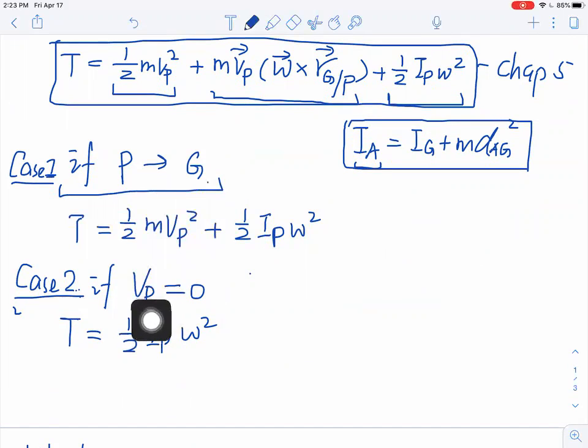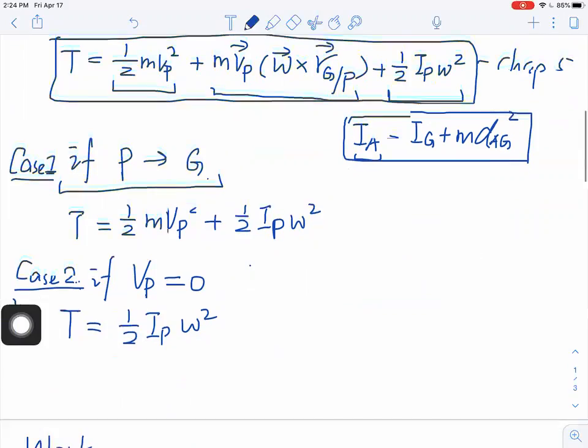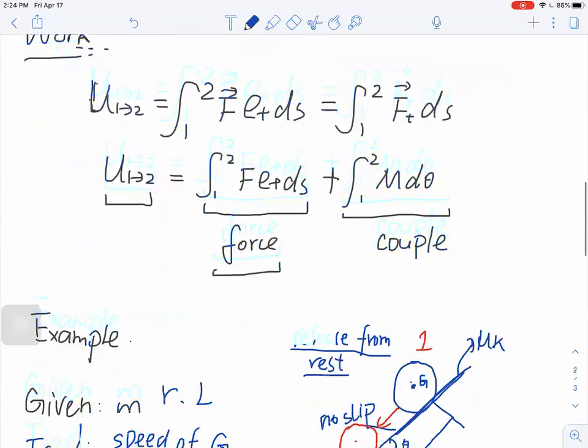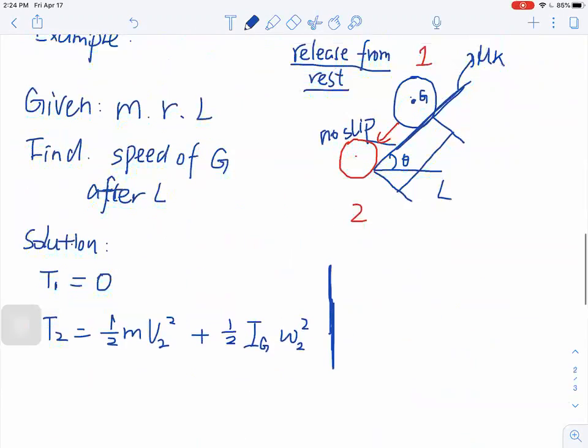Do we have any point that has velocity equal to 0 in this problem? Velocity equal to 0. So, ask someone to tell me, do we have a point that has zero velocity?